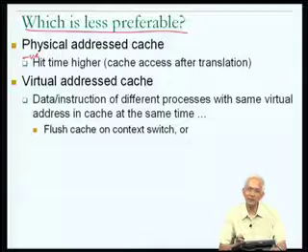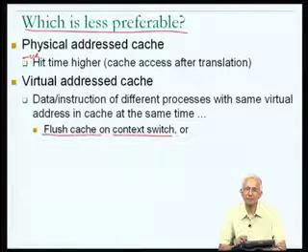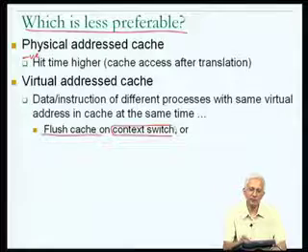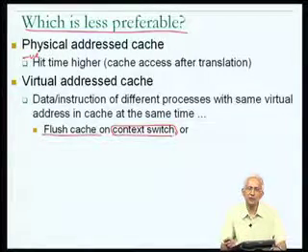So one possibility is that when we switch from one process to another, which is what I call the context switch, we may have to empty the cache. So when process 0 was running, it's okay for the different virtual objects of process 0 to be present in the cache, but as soon as the operating system switches to process 1, suddenly all the data and instructions of process P0 which were inside the cache under the virtual addresses such as A000 and so on do not mean what they should from the perspective of process P1.